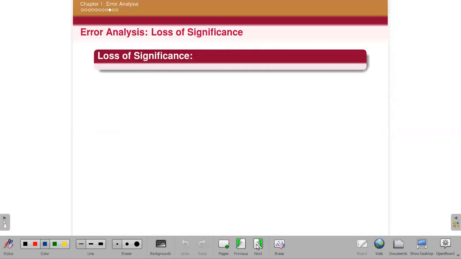So this is the loss of significance, but we don't want the loss of significance. First of all, I will write what loss of significance is.